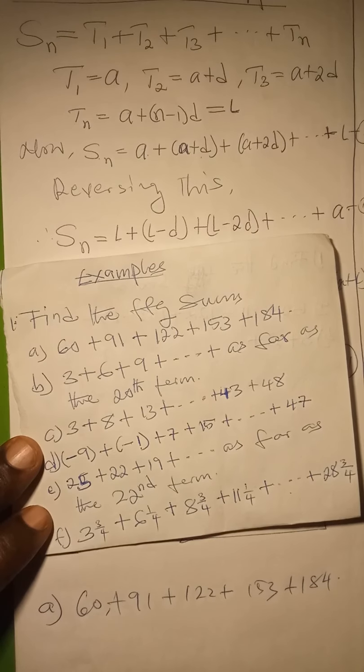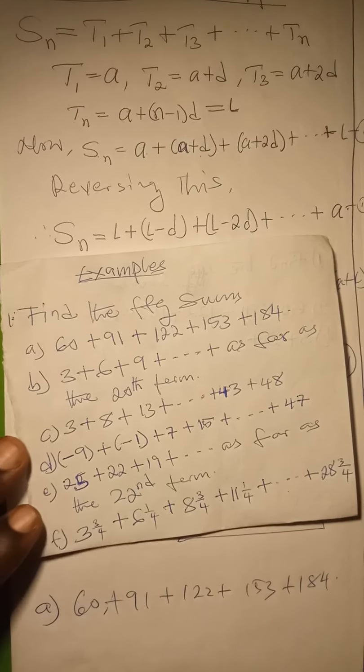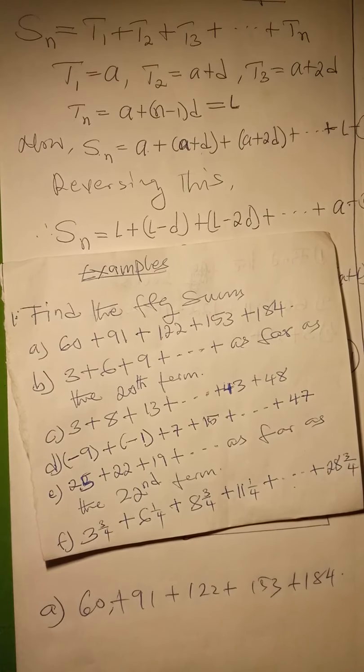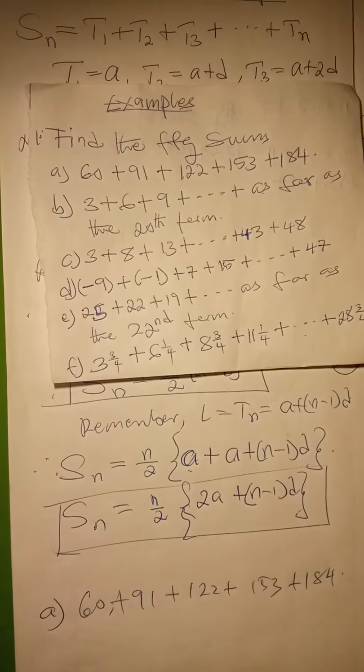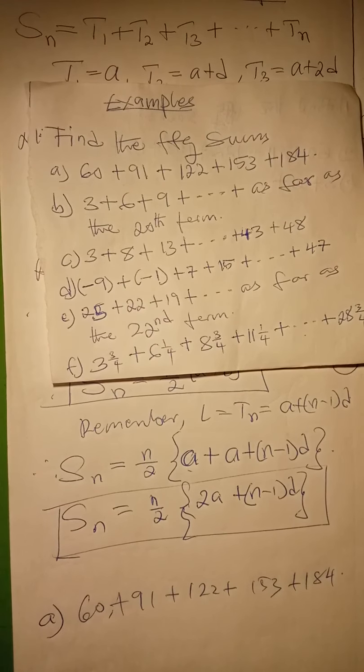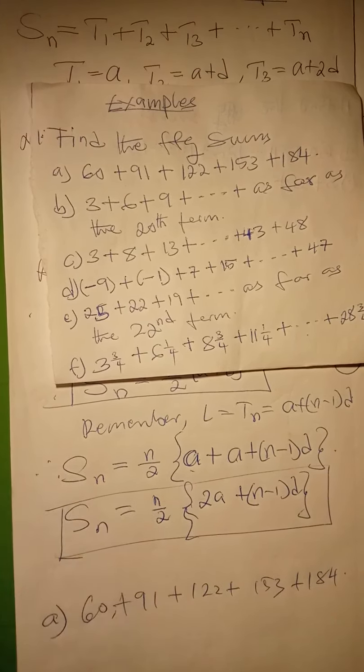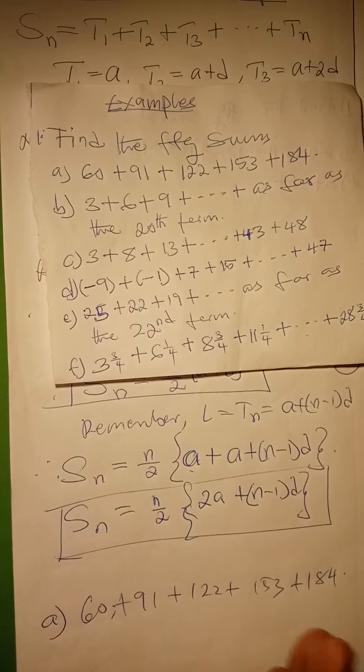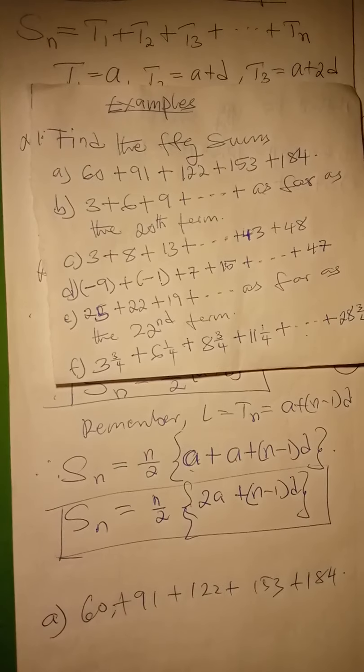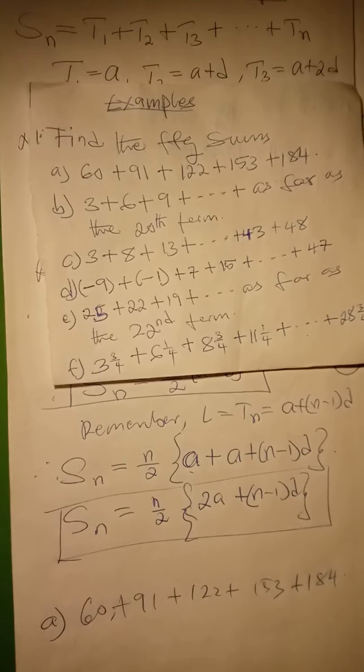Okay, how many terms are here? 1, 2, 3, 4, 5. Simple. I can just pick up my calculator and add up all the terms, and so I'm going to get the sum, right? But that's going to be a little bit unorthodox. So we're going to have the formula first, calculate it. So that's going to show that we know what we are doing.